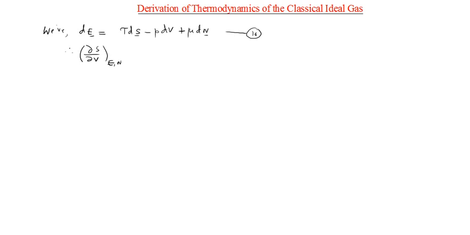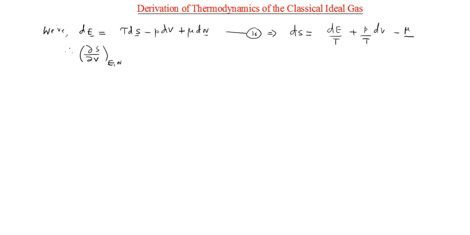Let me write this equation the other way. The same equation can be written as dS equal to dE by T plus P by T dV minus mu by T dN.